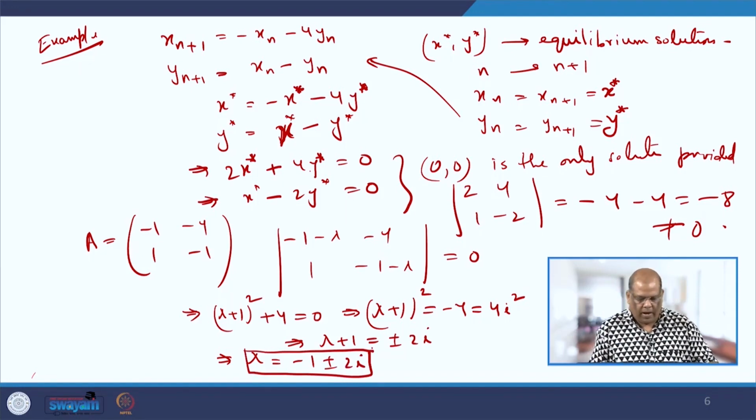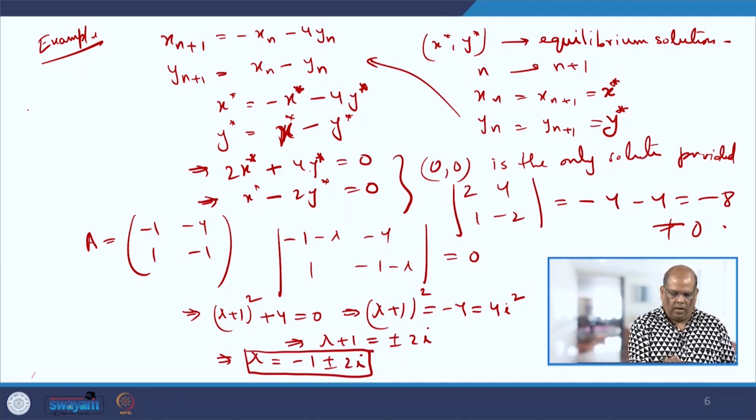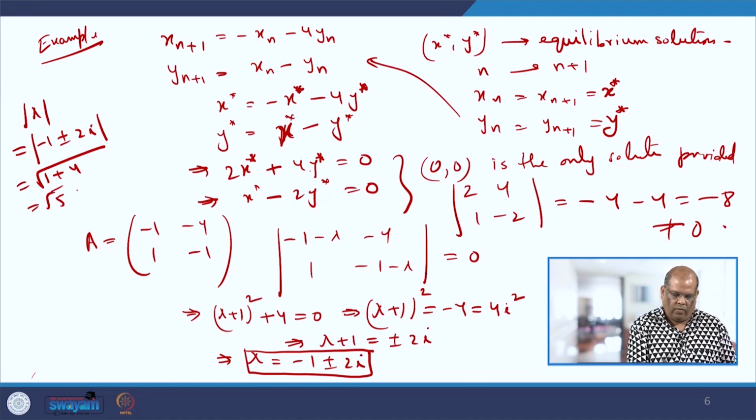So, the roots are complex. You take the modulus of the lambda and you get mod of minus 1 plus minus 2i, which is square root of 1 plus 4 equal to root 5, which is greater than 1.